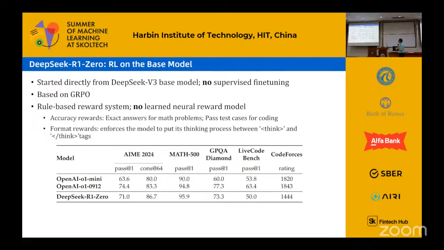Actually, it starts from the DeepSeek V3 base model. This base model has no SFT, no supervised fine tuning, and it's just based on GRPO with some rule-based reward signals I just mentioned. That means, given a math question, I simply detect whether the final answer is correct or not.